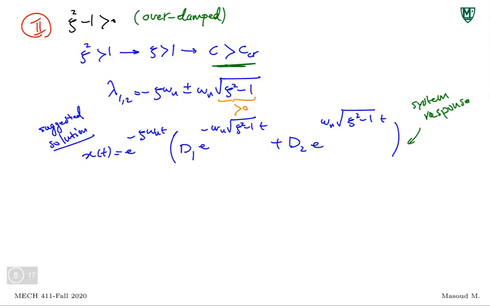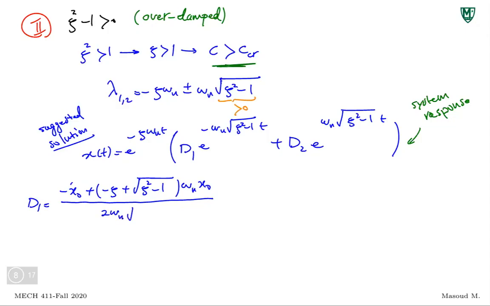What are D1 and D2? Again, from initial conditions, we can find them. But I'll just give you the general form. It's relatively long. D1 would be minus x naught dot plus minus zeta plus square root of zeta squared minus 1, and this whole thing multiplied by omega n x naught, divided by 2 omega n square root of zeta squared minus 1.